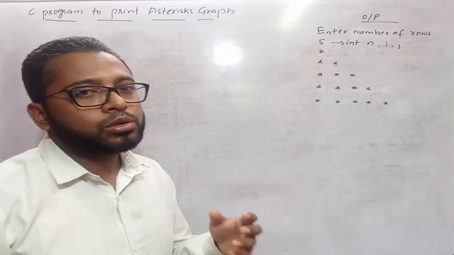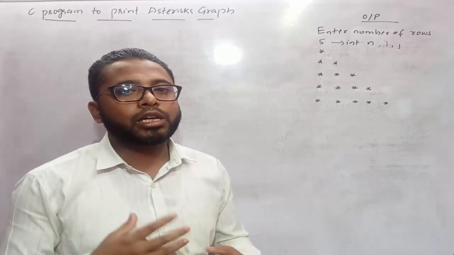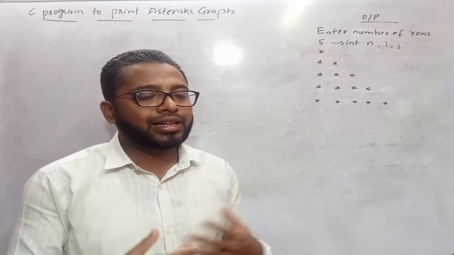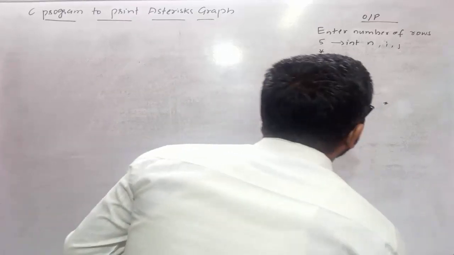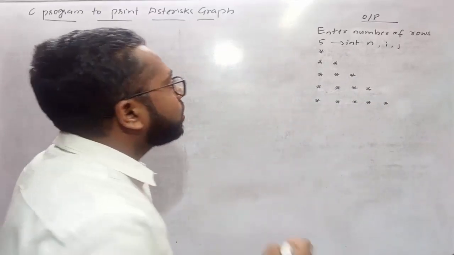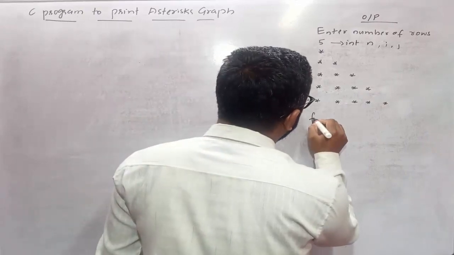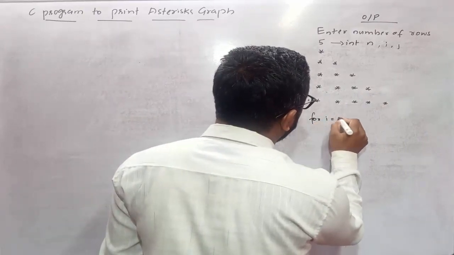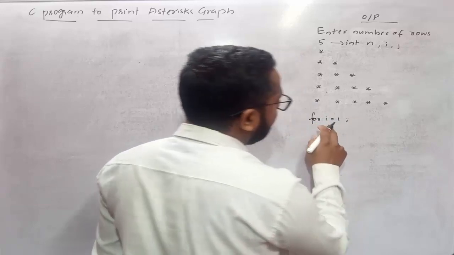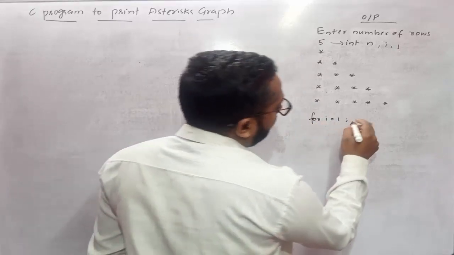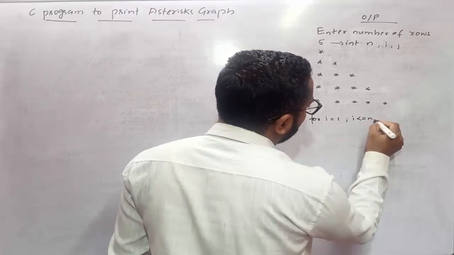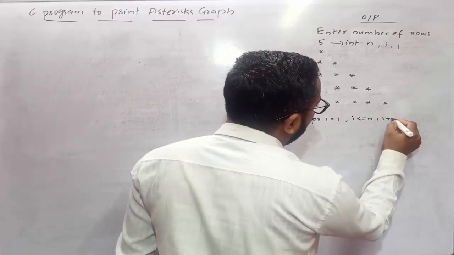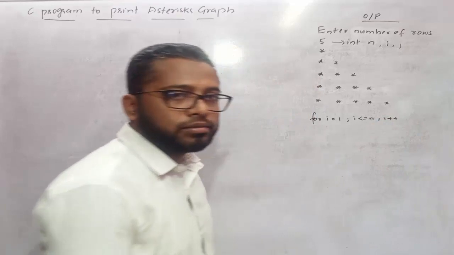So printing of asterisks, this task is getting performed again and again until we reach the value of 5. Whenever in our program we will be performing a specific task again and again, we need to use a for loop or any of the loops. So I will be considering a for loop. I will start the for loop with the initial value of 1, and execute it until the value of i is less than or equal to n, then i plus plus.